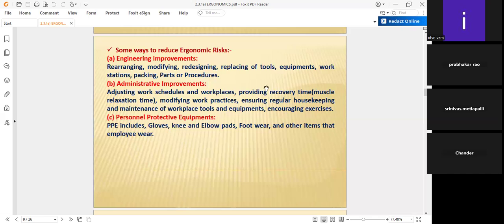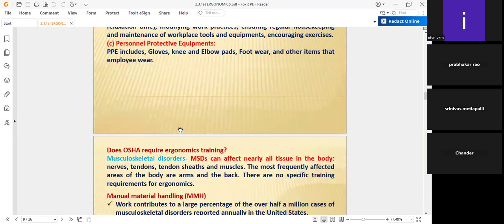That's why they are not encouraging mechanism. From manual position to mechanism means instead of 10 members, they need only 2 members, and the employees lose their employment. That is really important. So engineering improvements, administrative improvements, and personal protective improvements are important.